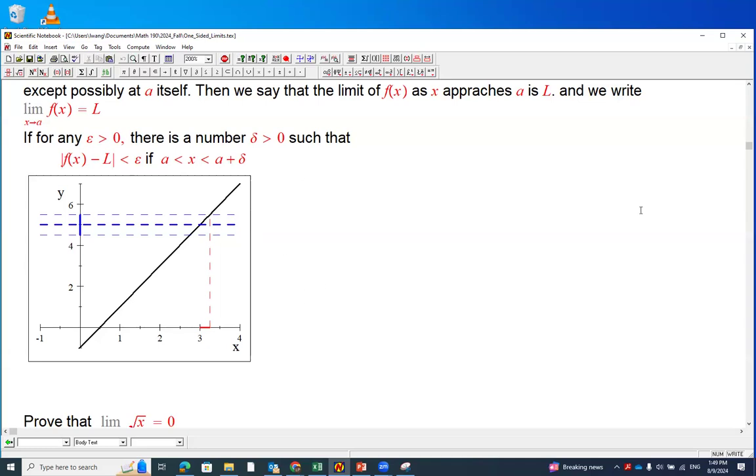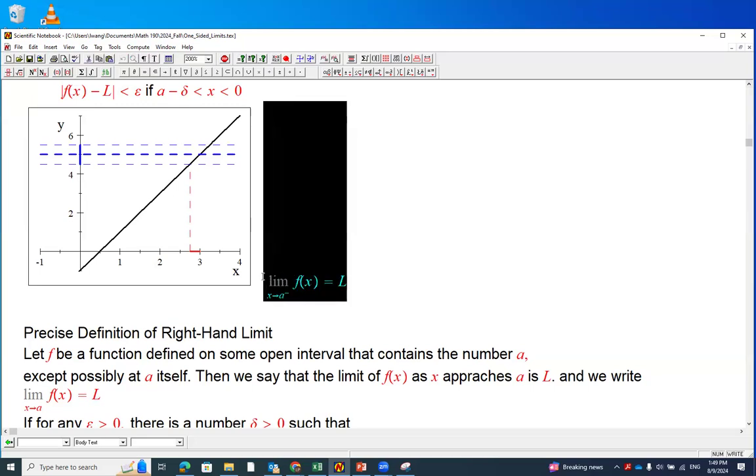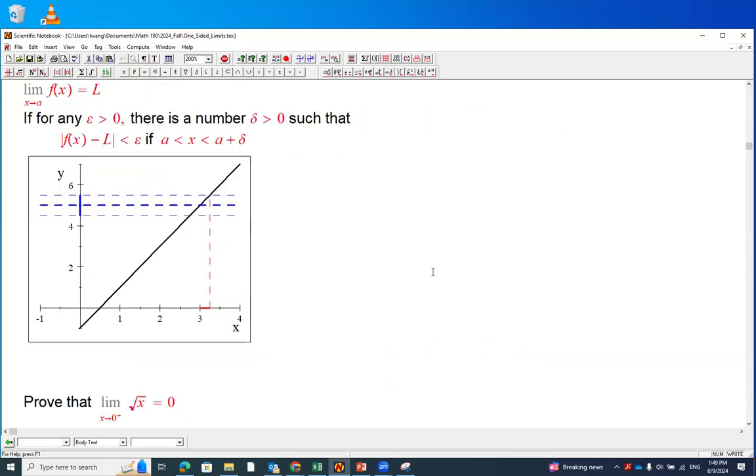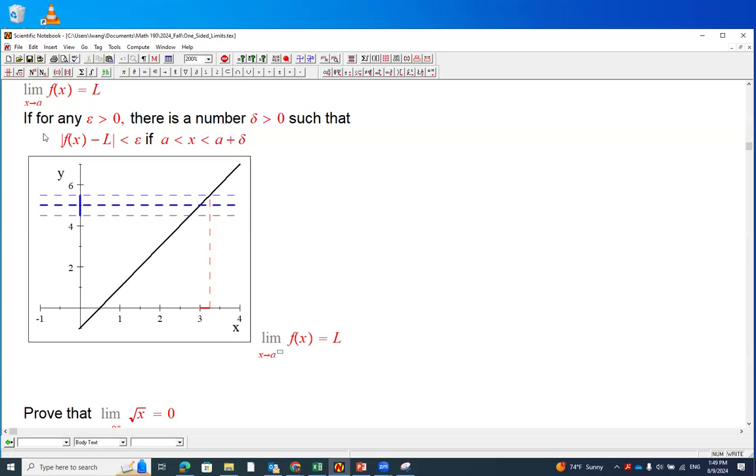And in this case, we say f of x has a limit of L when x is approaching A from larger than A. So let me change that to a positive sign. Let me just delete that and redo it.